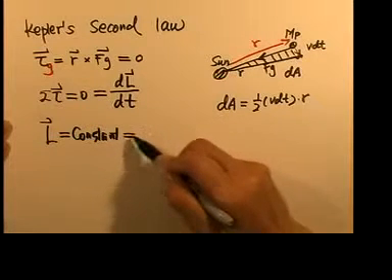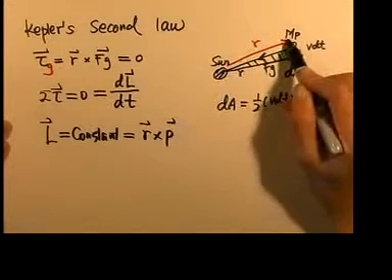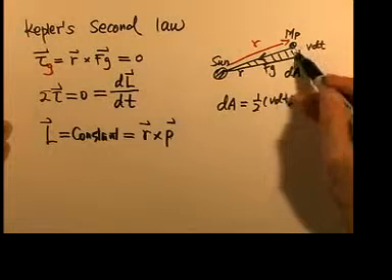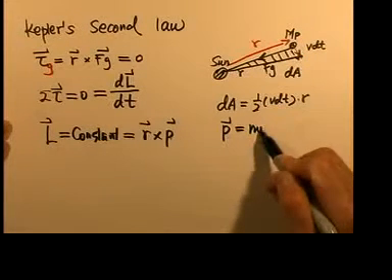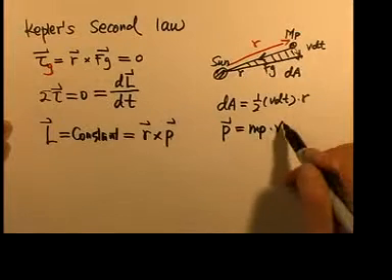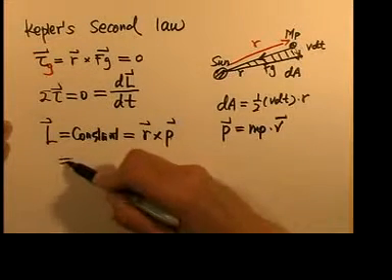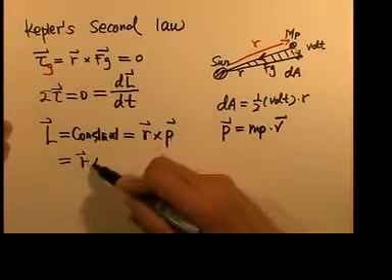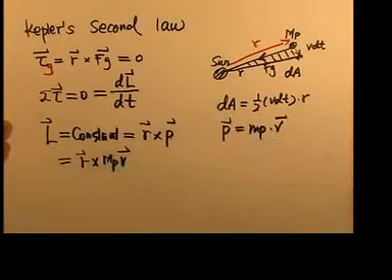Well, L is defined as r cross p. r is this position vector, and p is the linear momentum of our planet, that is the mass of the planet times its instantaneous velocity v. So our angular momentum equals r cross mp v.